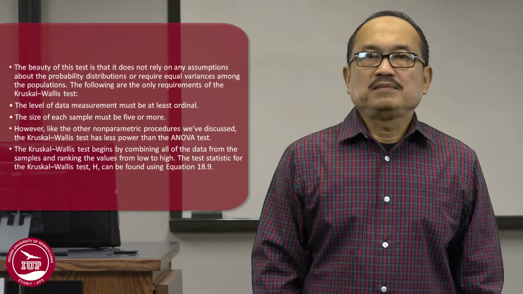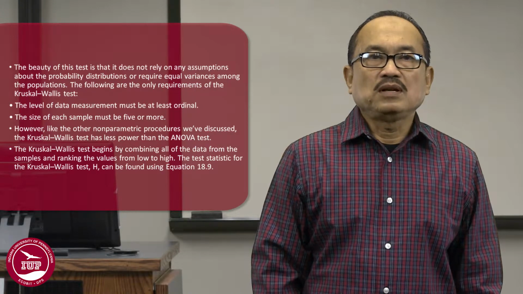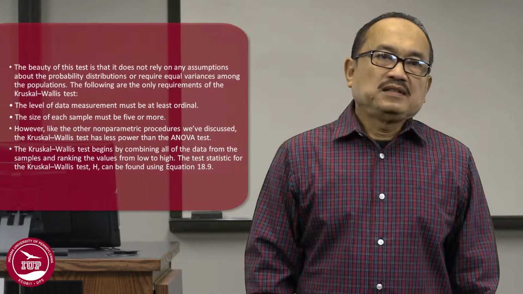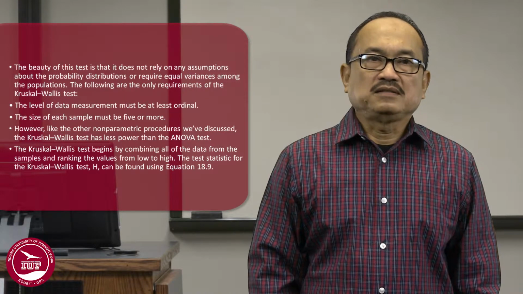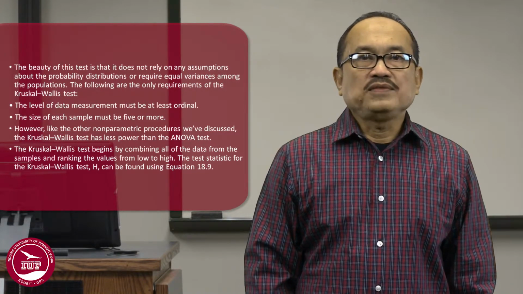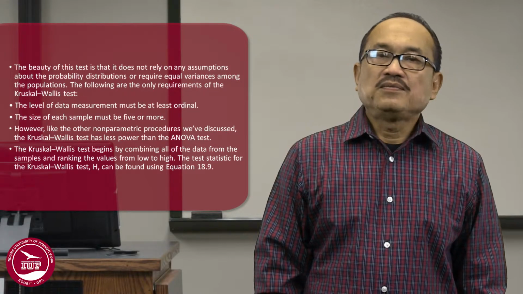The only requirements of the Kruskal-Wallis test are that the level of data measurement must be at least ordinal, and the size of each sample must be 5 or more.